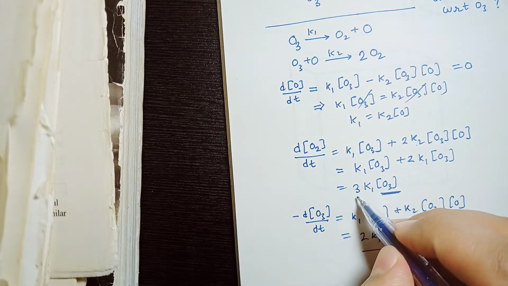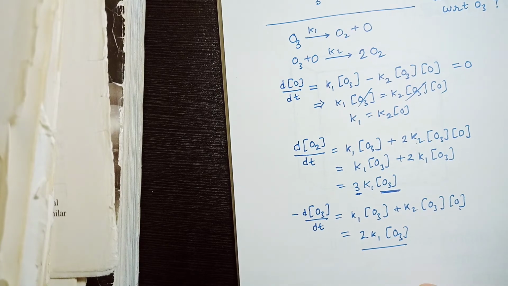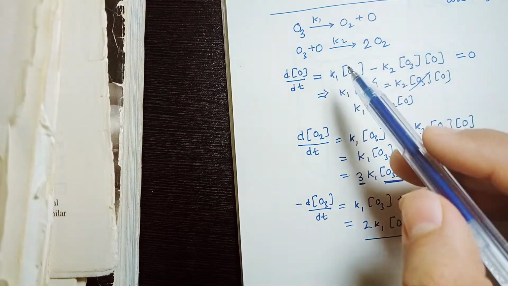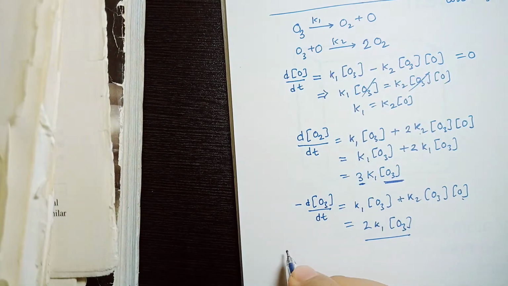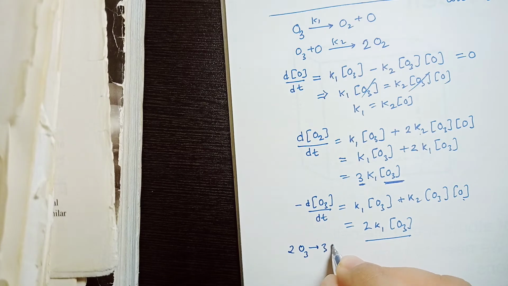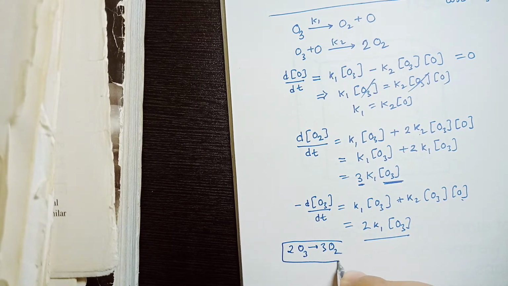You can check that this is 3 and this is 2. If you write the rate of reaction, then you can find out. You will get stoichiometric coefficients 2 for O3 and 3 for O2. If you write that, you can cross check.